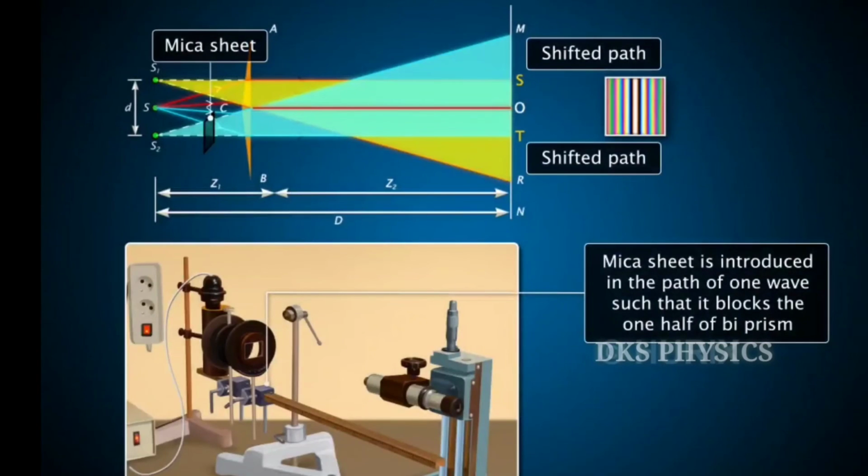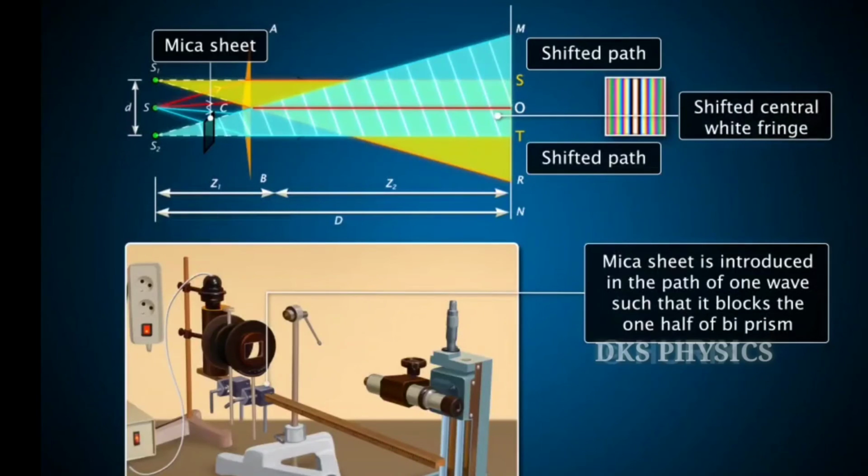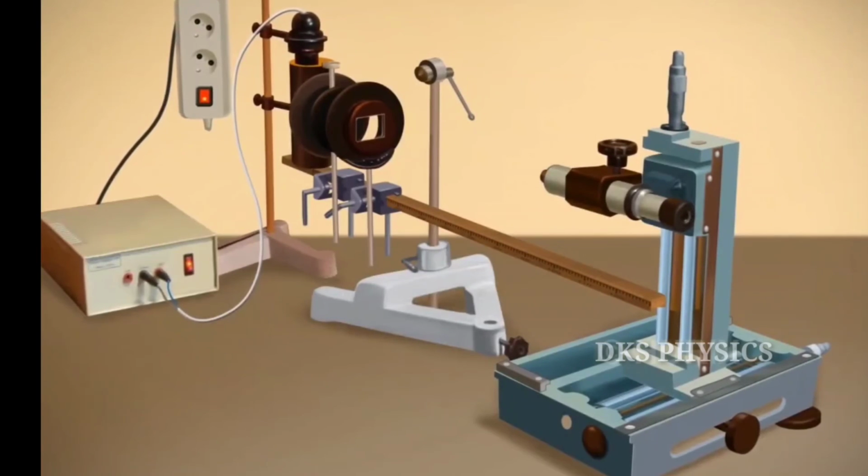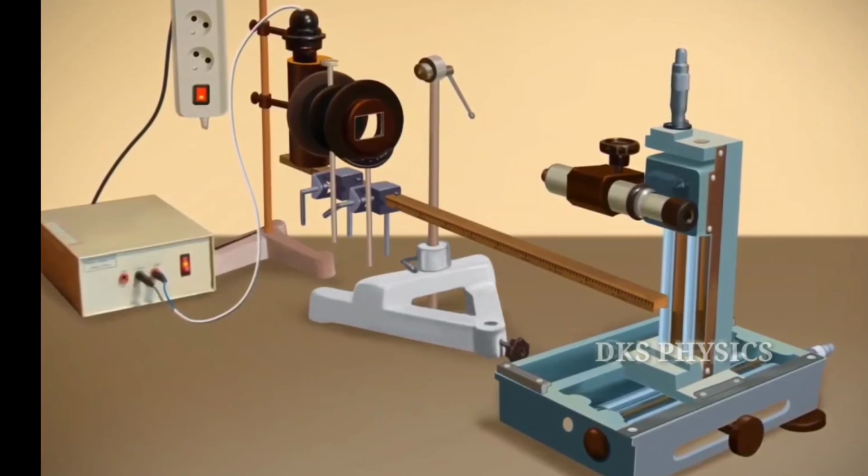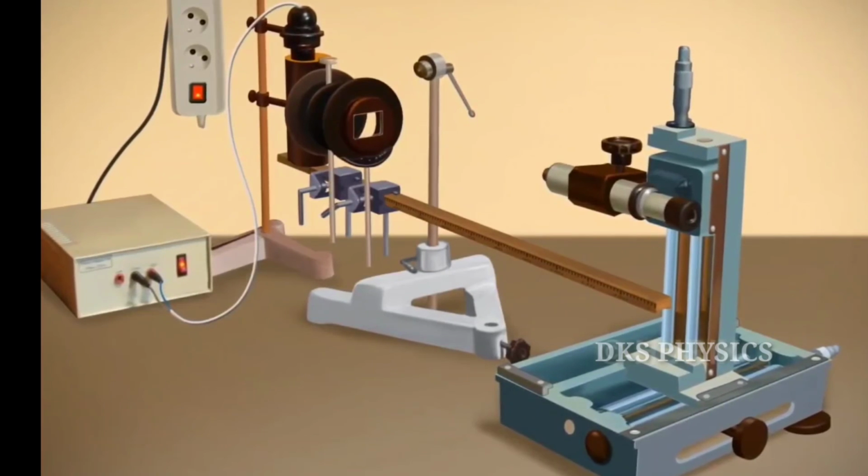Now, the mica sheet is introduced in the path of one wave such that it blocks one half of the biprism. By doing this, one wave traverses an extra optical path, the path difference between the two waves is not the same, and the entire fringe pattern shifts. The central white fringe is now shifted to another position of the cross wire.